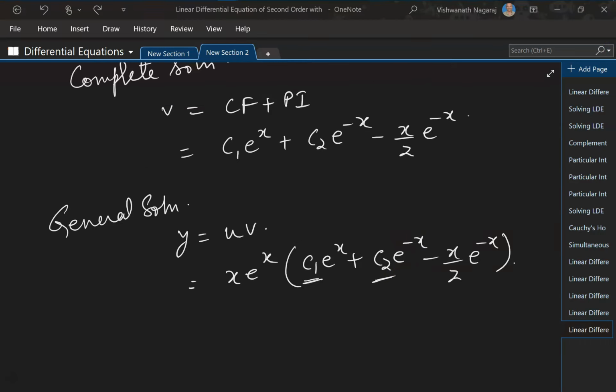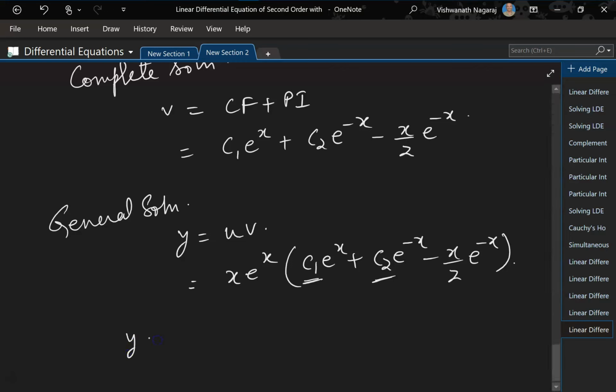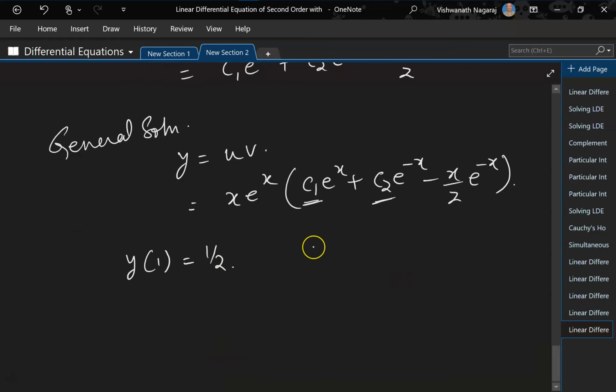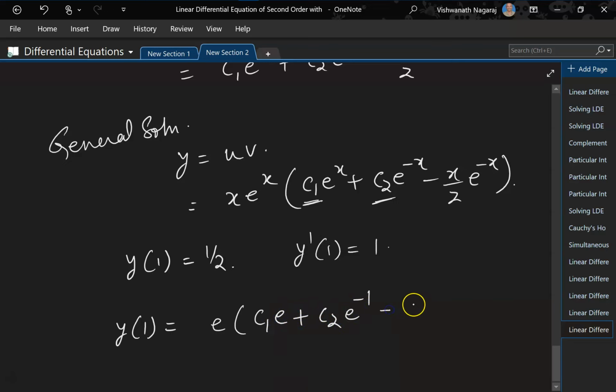So the additional information that is given is y of 1 is equal to half, and y prime of 1 is equal to 1. Let's take it one by one. So y of 1 is equal to e to the power of 1 times (c1 e plus c2 e to the power of minus 1 minus 1 by 2 e to the power of minus 1), and this is equal to half.